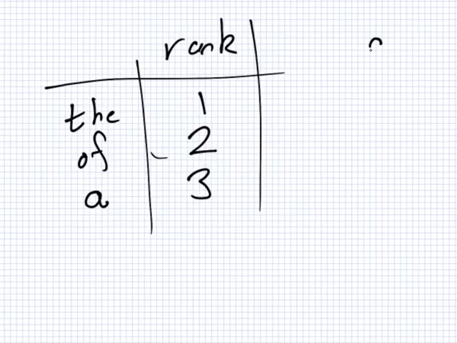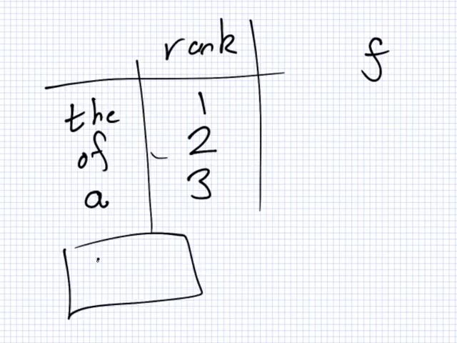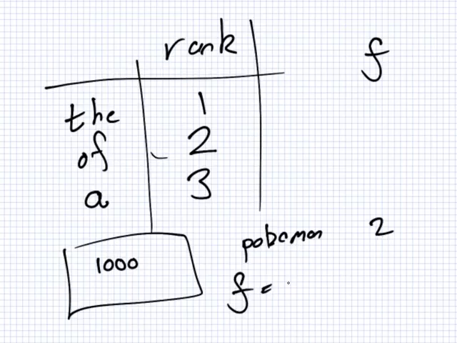You know what the frequency is in physics. In maths, the frequency is how many. For example, if I have a book of 1,000 words, and maybe I have the word Pokemon twice, then that means the frequency for Pokemon is 2 per 1,000.